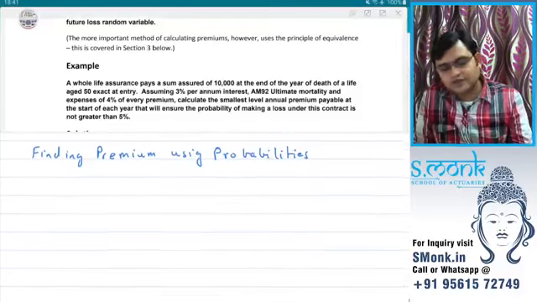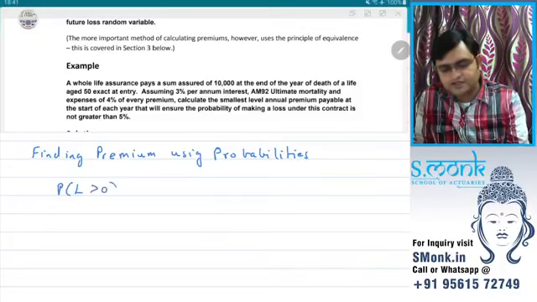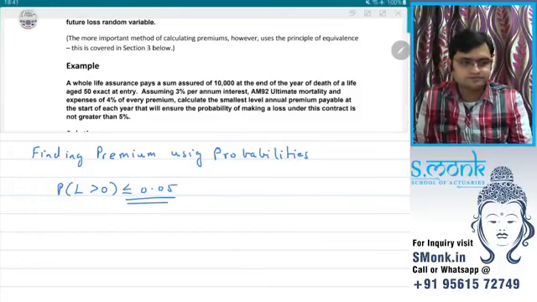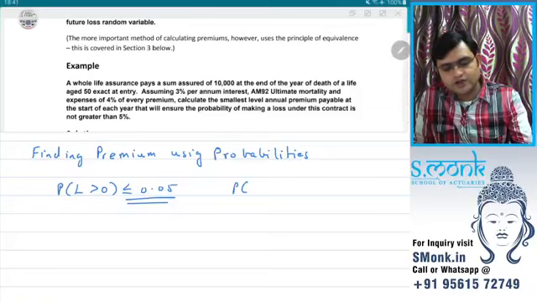So the probability that we'll make a loss, we'll write it as L greater than 0, the probability that we will be making a loss is less than or equal to 5%. This is what we are trying to figure out. Or they can ask you the probability of making a profit.